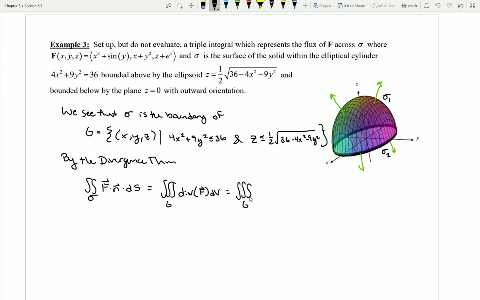So let's see, the divergence is going to be, starting with my partial with respect to x, looks like 2x, then plus 2y, and finally plus 1.